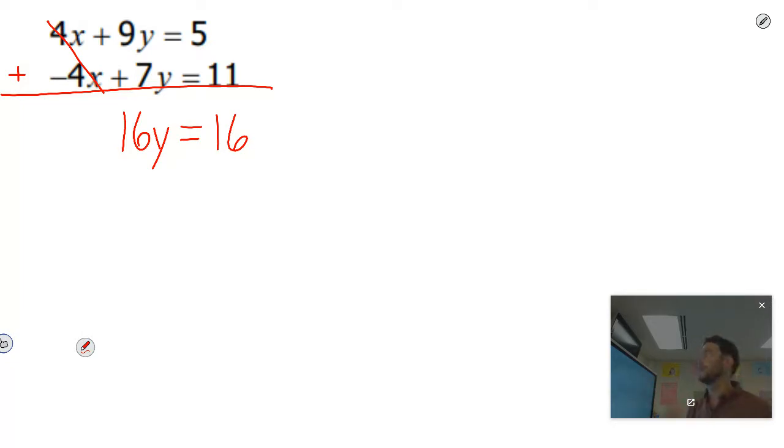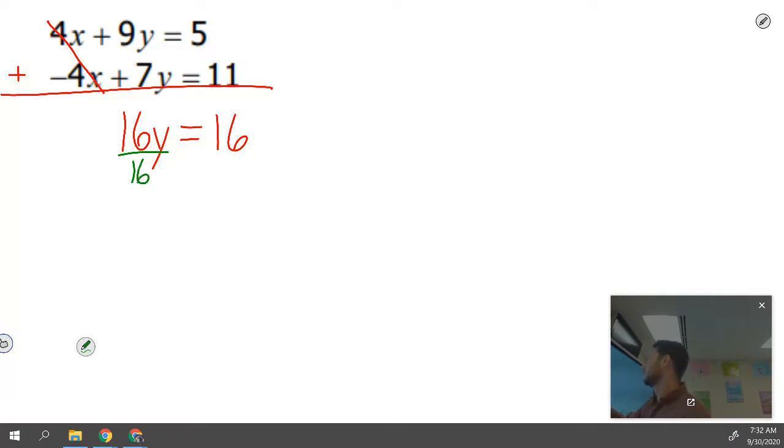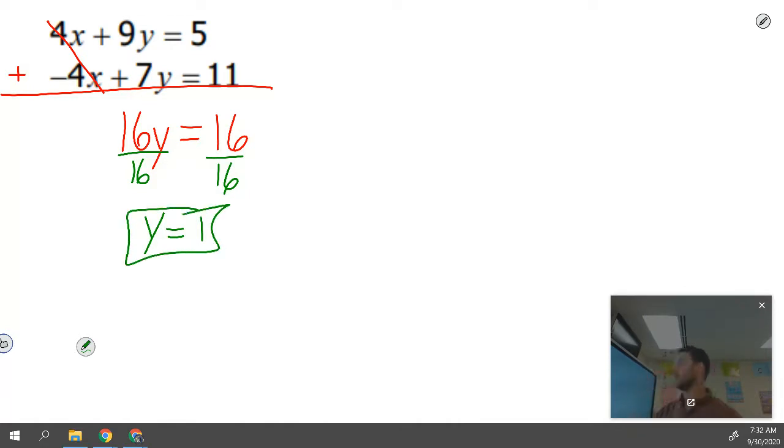You're adding everywhere, right? Those two canceled out. 9 and 7 is 16. 5 and 11 is 16. Cool. That's why I kind of like these, because once we do that, well, shoot, it's just a y now, and our equation's pretty easy to solve. If I divide by 16, y is equal to 1.